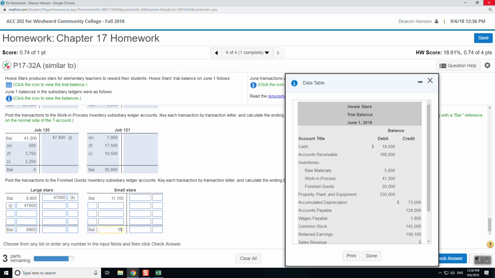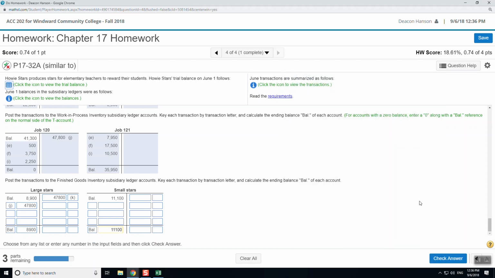So it's so simple that it might throw you off because you're thinking too hard about it. Everybody see that? So the combination of large stars and small stars subsidiary accounts is your finished goods ending inventory balance. And we'll pop that in there.